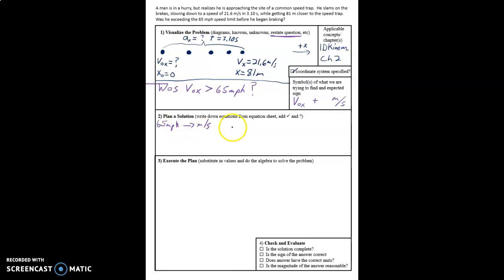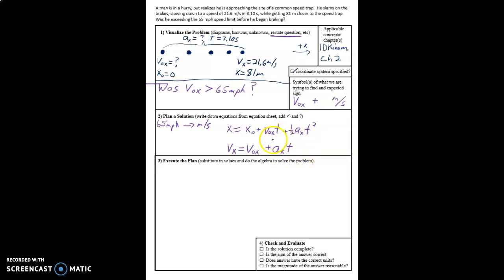We can also look at our equations. We can say, look at this equation, and this equation.